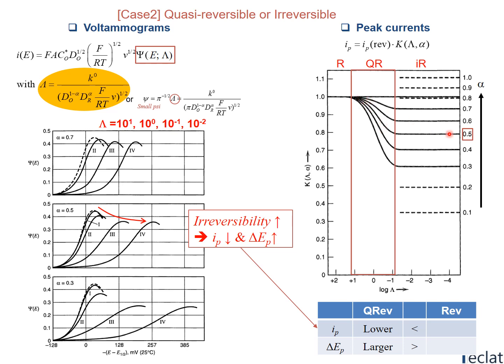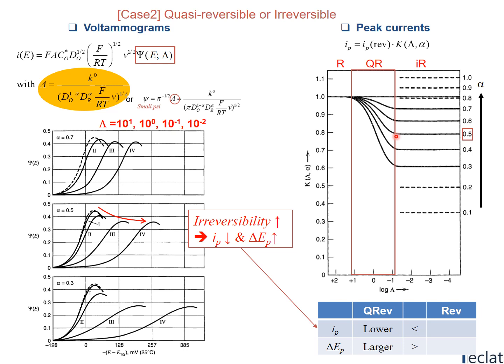For example, let me think about the curve obtained at alpha of 0.5. At the very first, the current ratio was 1 or 100%, but it decreases to about 80% of the initial value.